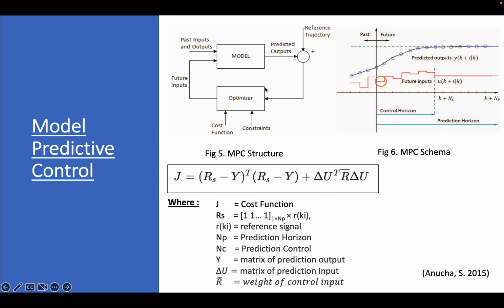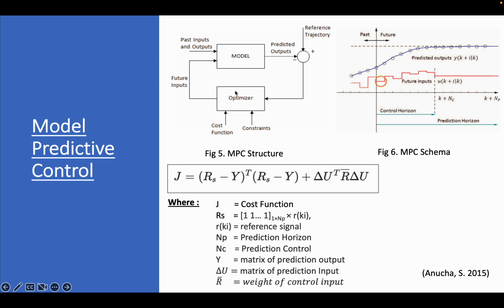This is the MPC structure, and we have a model of the system. The transfer function of the system takes the input, the reference point, and the MPC predicts the output, and the feedback of the system goes to the optimizer.